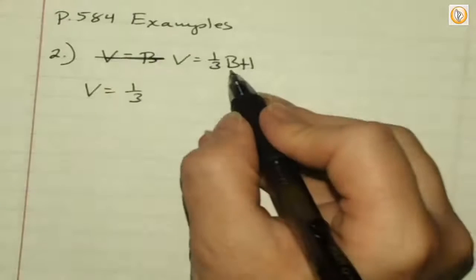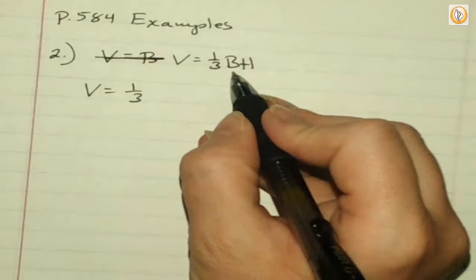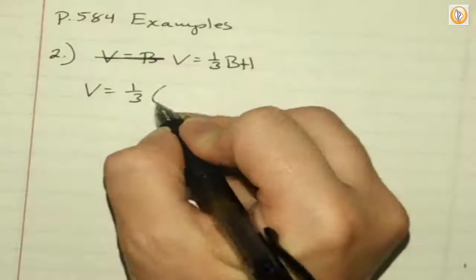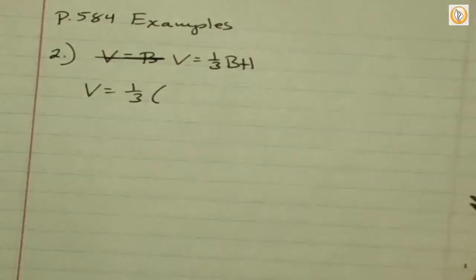What is the formula for the area of the shape? Number 2. What shape is that base? A triangle.